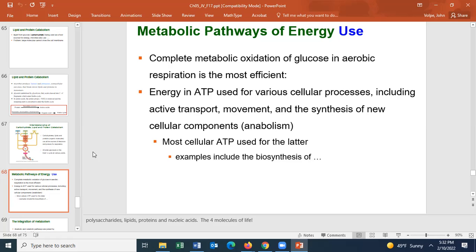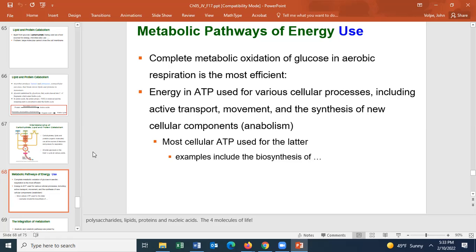And then the ATP is used by the cell for its energy needs. And this includes active transport of molecules, for the cell's movement or for your muscles to move. And the cell uses ATP to synthesize new cellular components.